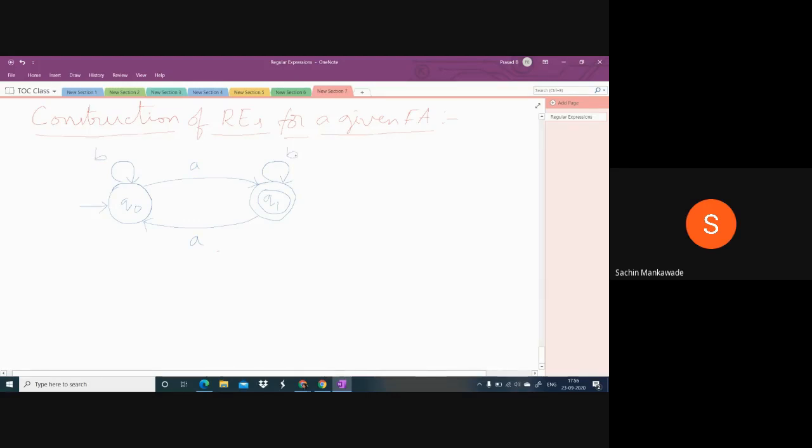Q0, Q1 are the two states. Q0 is the initial, Q1 is the final. The inputs are A and B. Now we construct the regular expression for this diagram.